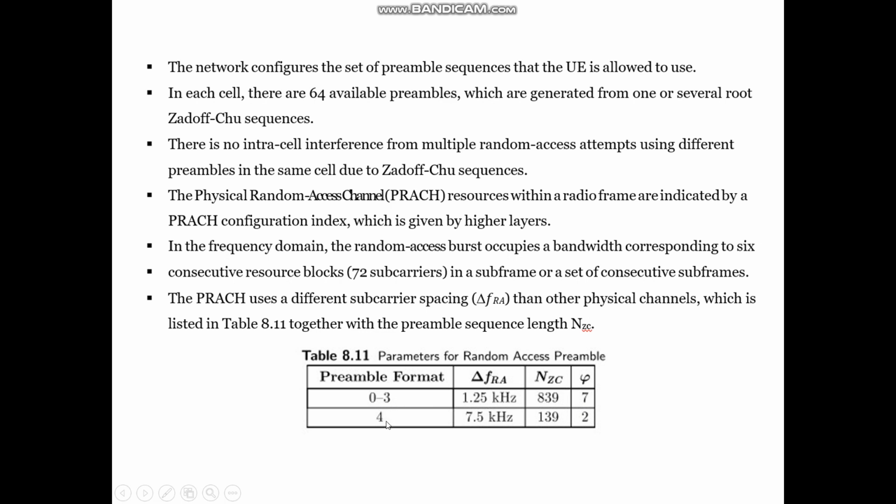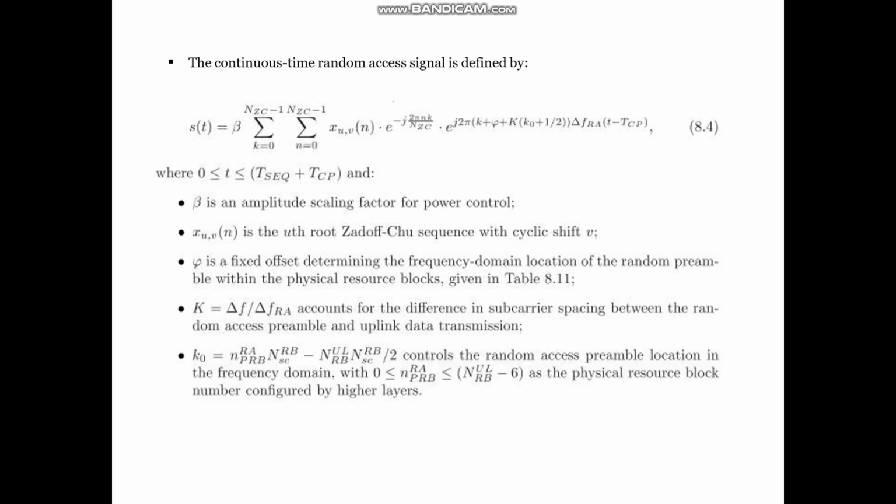For preamble format 4, delta f_RA is 7.5 kilohertz with N_SC of 139 and psi of 2. What is this psi? Psi is a fixed offset.